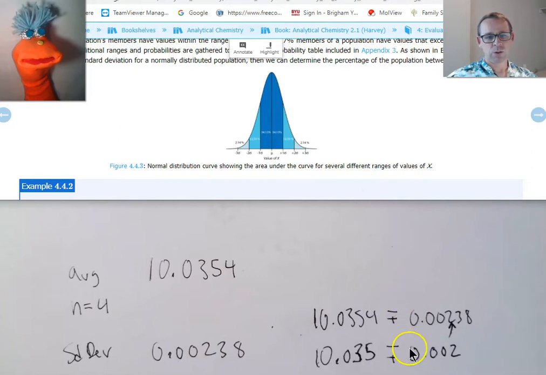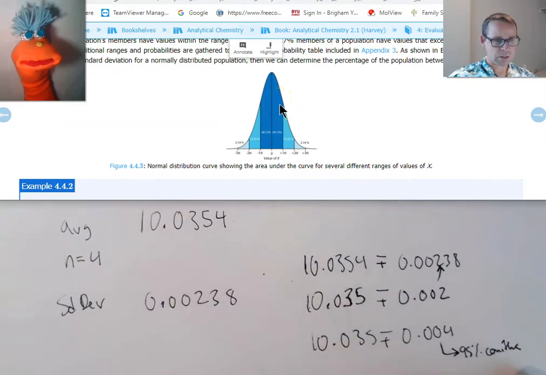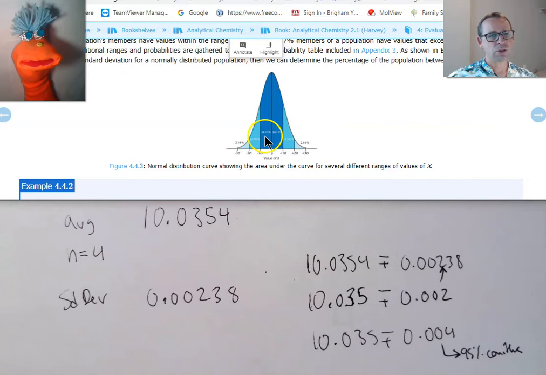All right. So one standard deviation, and that's a plus or minus again, should contain 68% of all the values in a population. If I take two standard deviations, right, then that should encompass, so here's our average value, one standard deviation, two standard deviations away, should encompass 95% of all the values within that population.